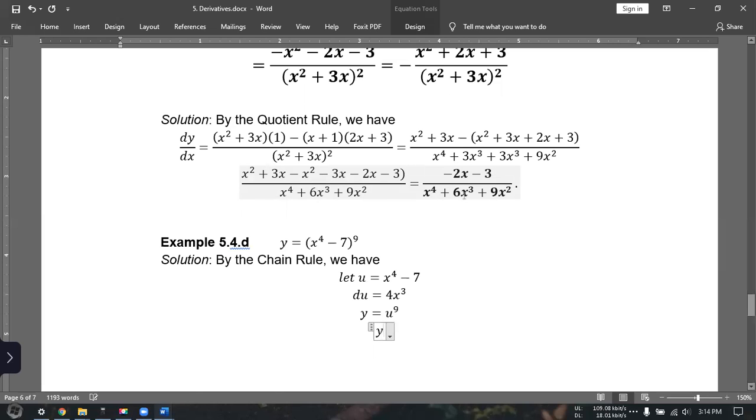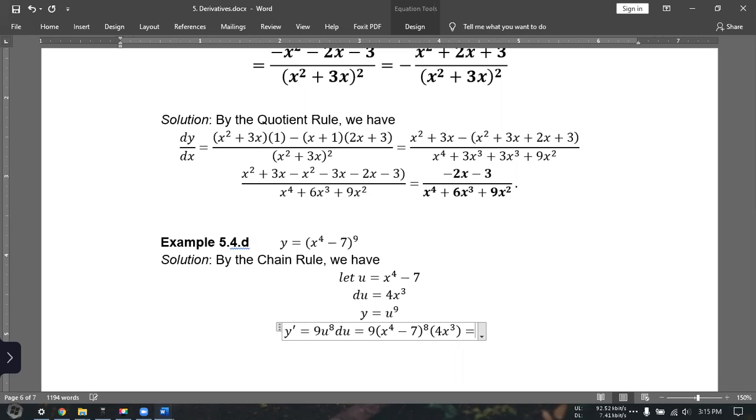Y prime is equal to 9u raised to 8 by power rule. Then we have g prime of x. Returning the original function, we have 9, our u again, x to the fourth minus 7, raised to 8, then multiplied by the derivative of u, which is 4x cubed.